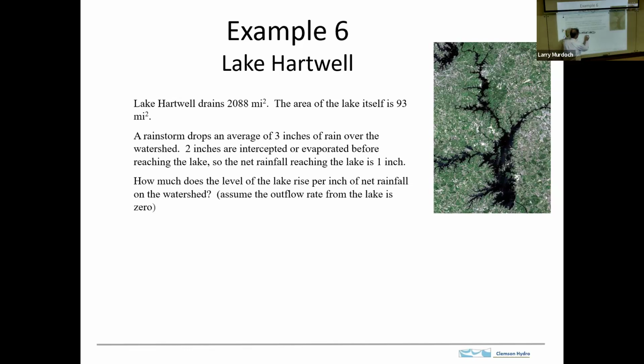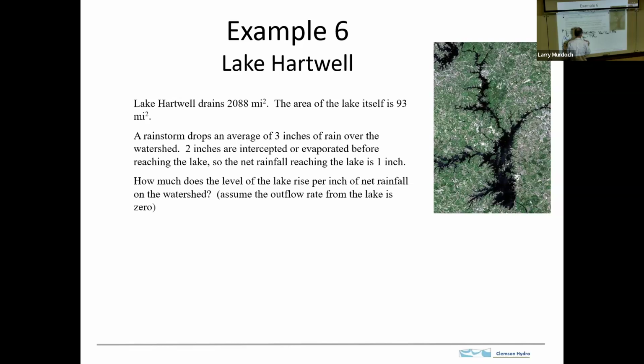So the basic balance is going to be volume in is the volume out plus the change of volume stored. And so the volume in to the watershed is just the precipitation times the area of the watershed.